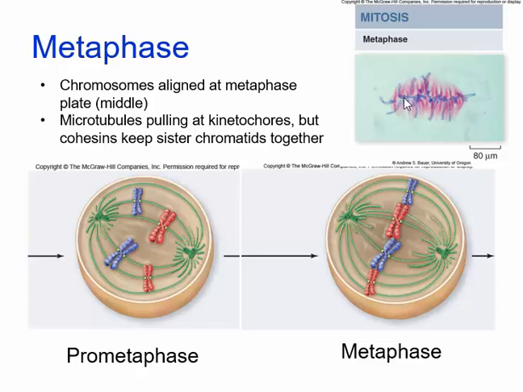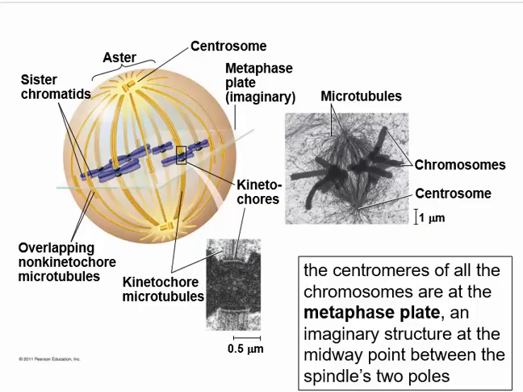And a real image of what this looks like, a little bit different than prometaphase. All the chromosomes are lined up in the middle of this image, and the red, again, are the microtubules attached. So here's what this looks like in a little more of a 3D imagining.